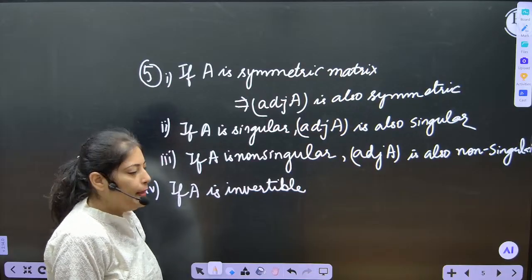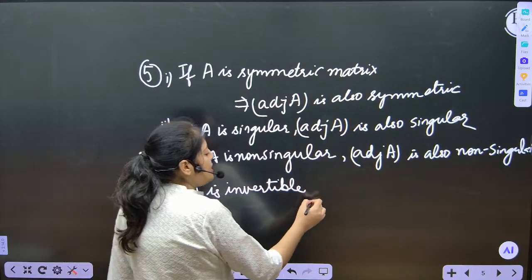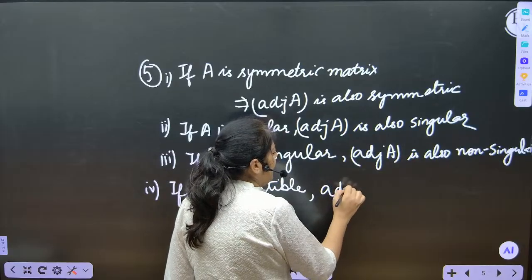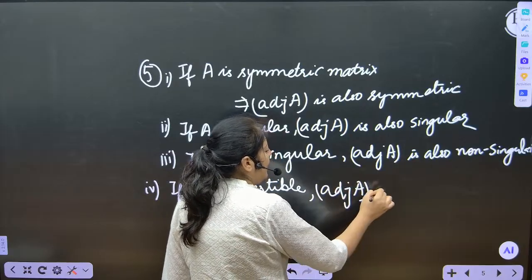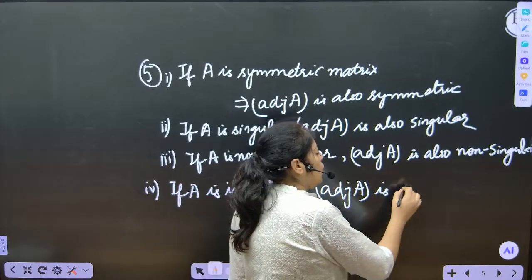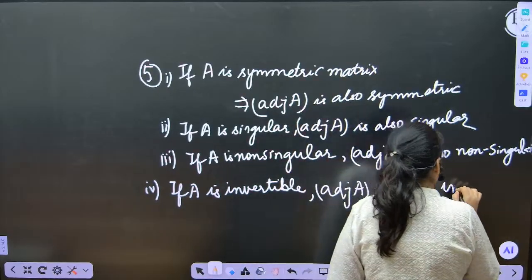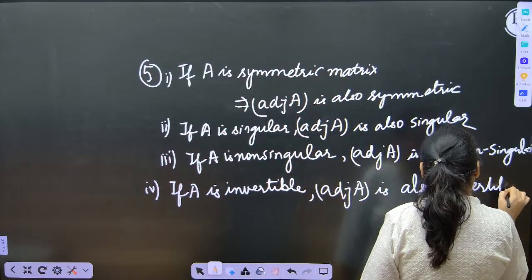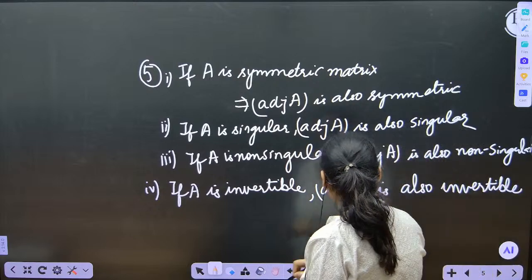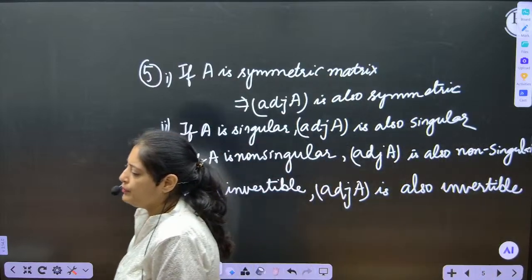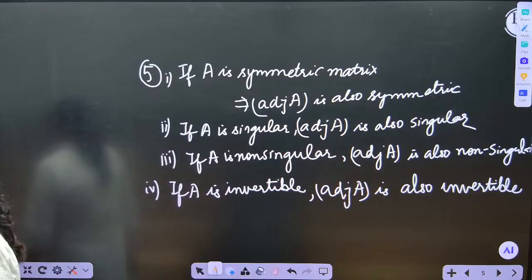If A is invertible, then adjoint of A is also invertible. Note it down. So it depends upon A. If A is symmetric, adjoint of A is also symmetric.